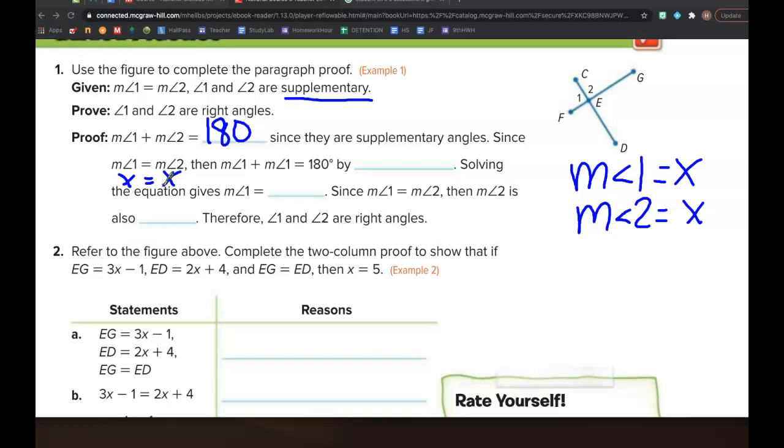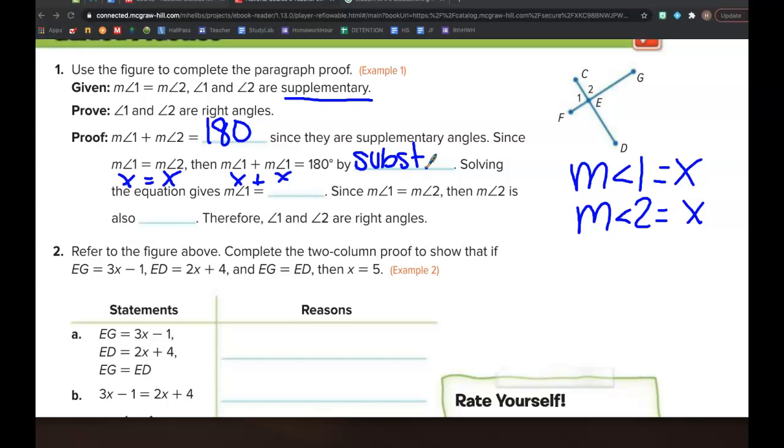So then, since the measure of angle 1 is the exact same thing as the measure of angle 2, this is saying that x plus x is the same thing as x and x, right? So the measure of angle 1 plus the measure of angle 1 equals 180 by substitution, because we substituted measure of angle 1 and 2.